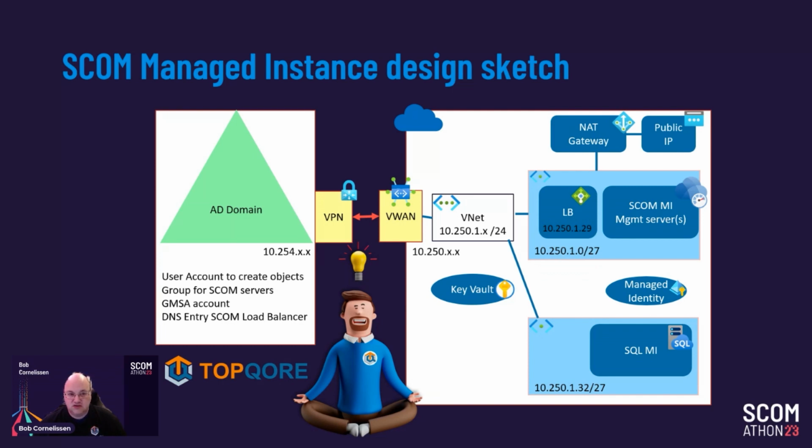You with your consoles and your agents are talking to the load balancer, and the load balancer will figure it out towards the backend SCOM MI management servers. Right, so that's basically you ready and installed the SCOM MI. The only thing to do, obviously, is next connect up, which is what we are talking about in the next screens.